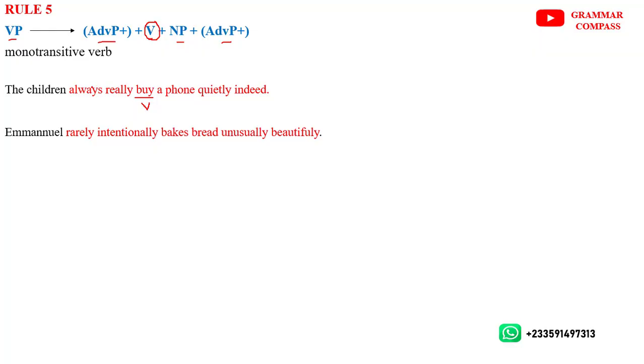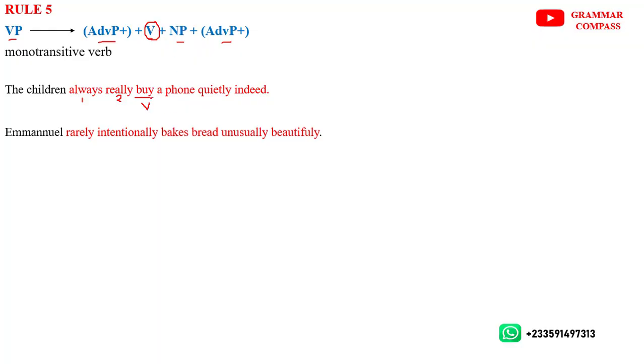Can you identify the other constituents? We have always, which is modifying buy. So it becomes our adverb phrase number 1. And we have another adverb phrase, really, which is also modifying buy. So it becomes our adverb phrase number 2. Here, after buy, we have a phone. So a phone will be our noun phrase, the new constituent that has been introduced into our rules.